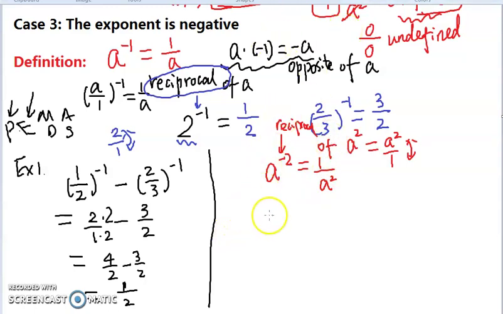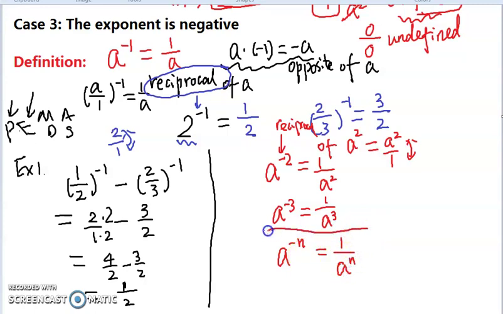In general, a to the negative third power is 1 over a to the third. In general, if we do a to the negative nth, any integer, it could be negative 2, negative 3, negative 4, negative 5, negative 100, it just means 1 over a to the n. So this is the formal definition that we have to memorize for this section.